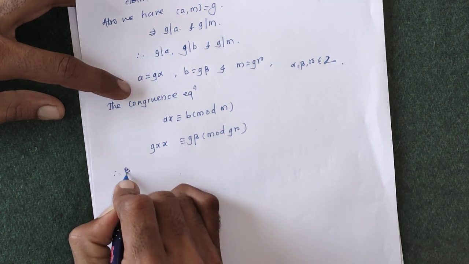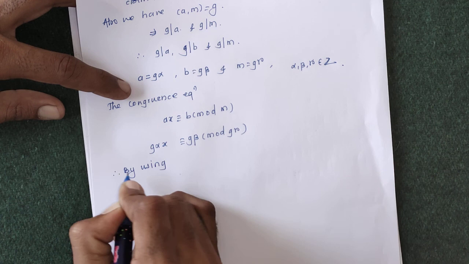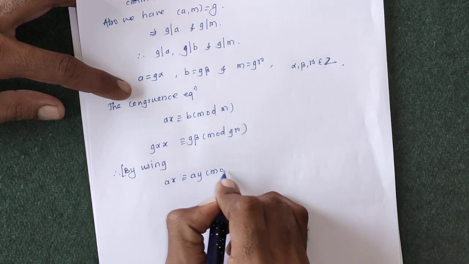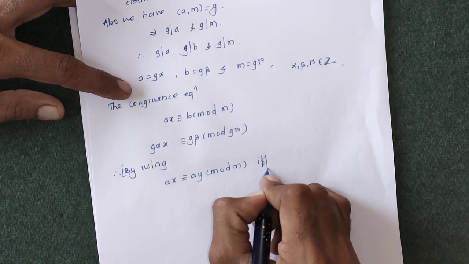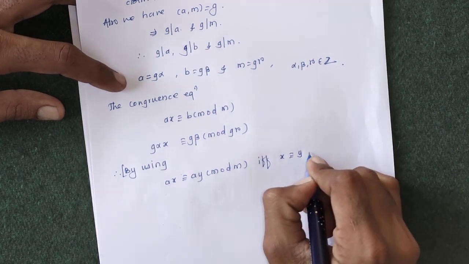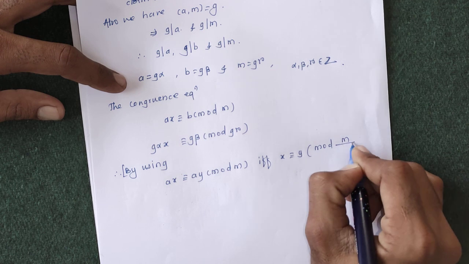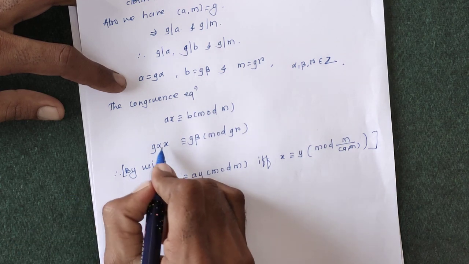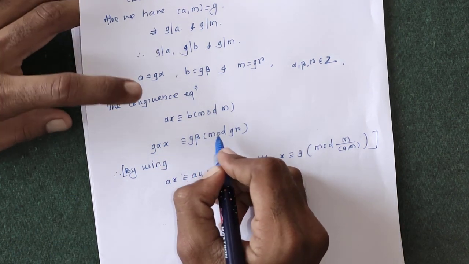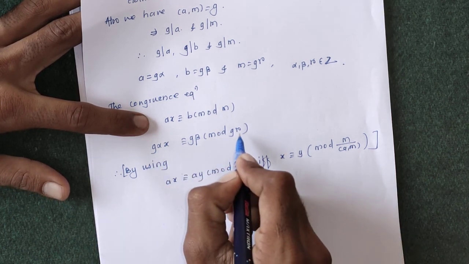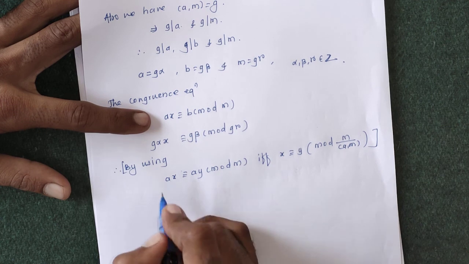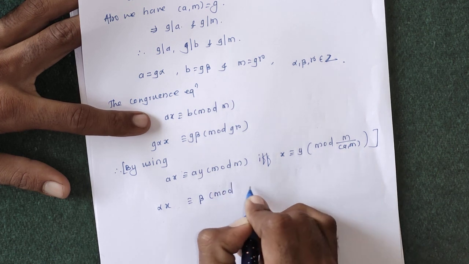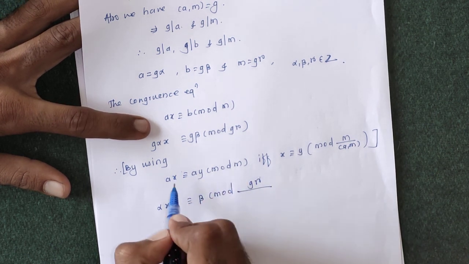Therefore, by using the result Ax is congruent to Ay modulo M if and only if x is congruent to y modulo M upon GCD of A and M, we can write alpha x is congruent to beta under modulo G gamma divided by GCD of G and G gamma.